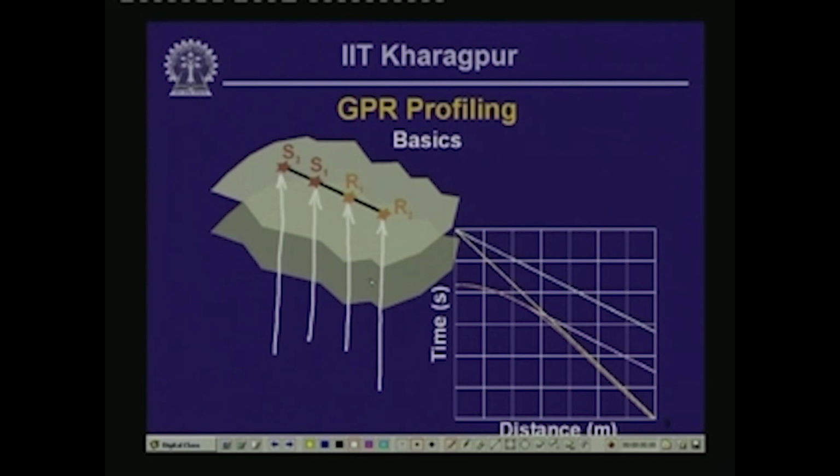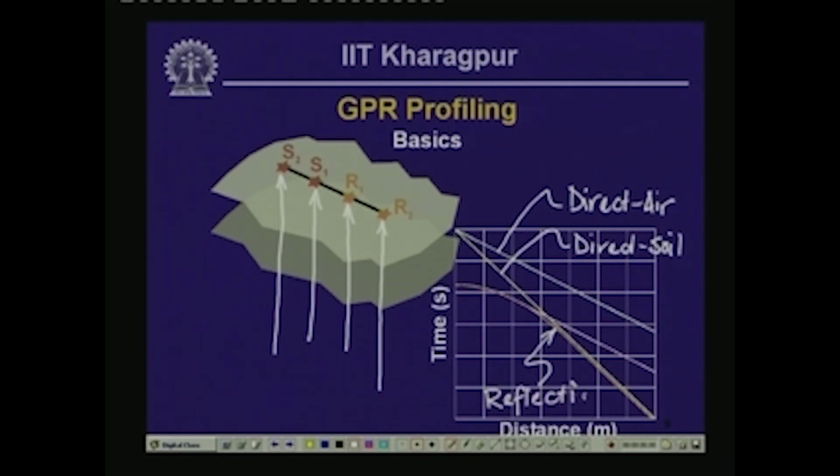In this case we have an arrival which arrives directly from source to receiver through air, then we have the direct arrival through the surface of the soil, and then we also have the reflected signal arrival, shown by that line there.